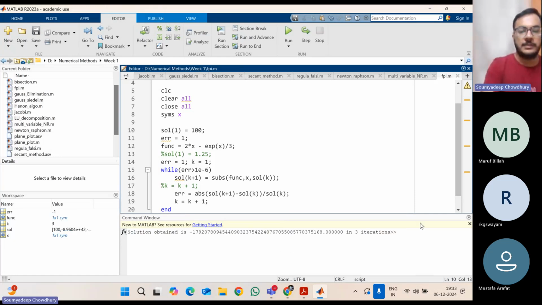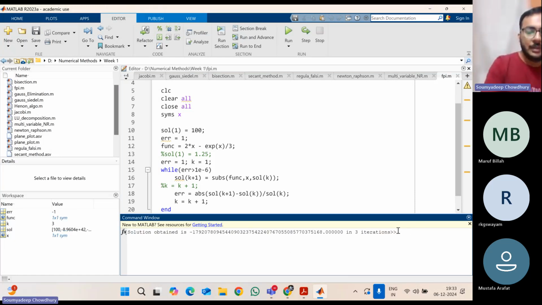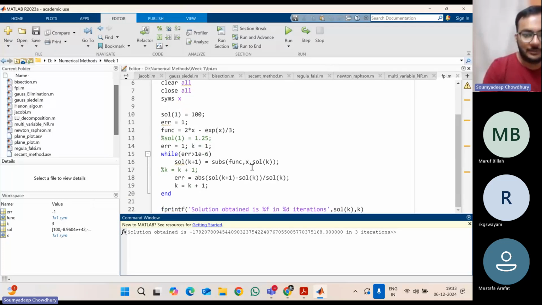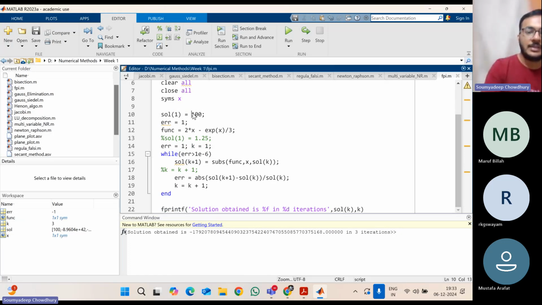See, this one you can see. Now it is giving me such a huge value. So why is it giving me that? This means that your solution is not converging. That's why you are getting some junk value here, and in 3 iterations it is giving me this. So you can understand, this is what I was trying to tell you.